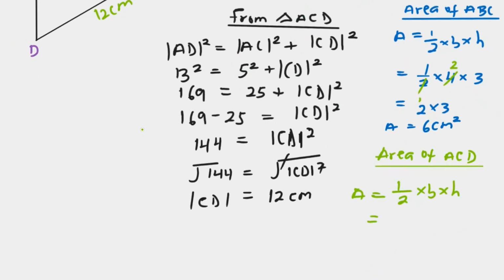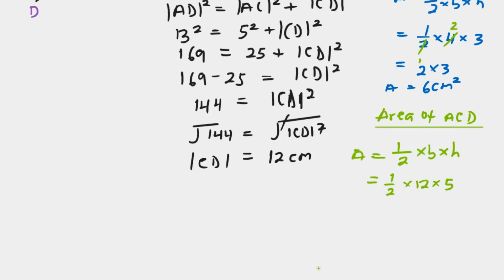So let's do the substitution here. So we're going to get 1 over 2 times 12 times 5. So simply, we can just do cancellations here. So 2 goes into itself 1 time. It goes into 12, 6 times.